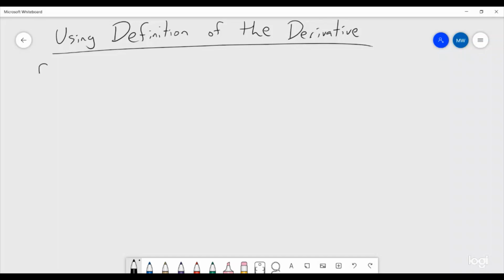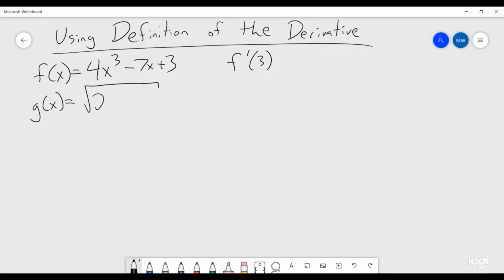So if we have f of x is equal to 4x cubed minus 7x plus 3, find f prime at 3. If g of x is equal to the square root of 2x minus 4 plus 5, find g prime at 2. Actually, no, that's a bad one. Let's not find g prime of 2.